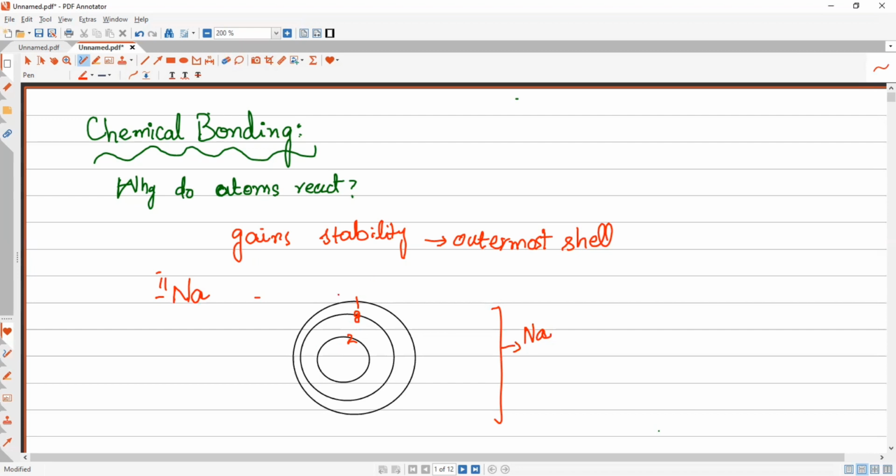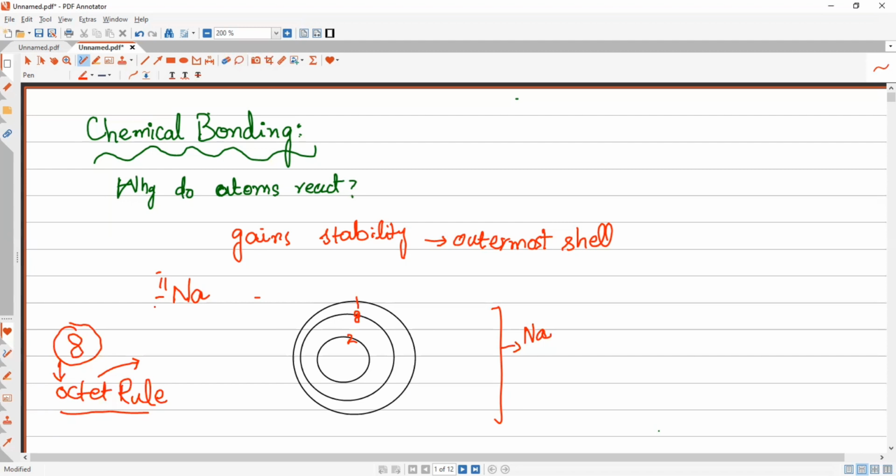So in order to gain stability, atoms must have 8 electrons in their outermost shell, because this rule is called the octet rule. If an atom has 8 electrons in its outermost shell, it means that it has attained stability, it has attained the stable electronic configuration.